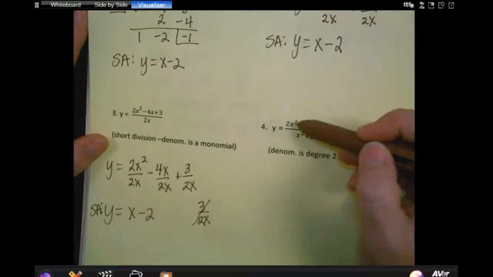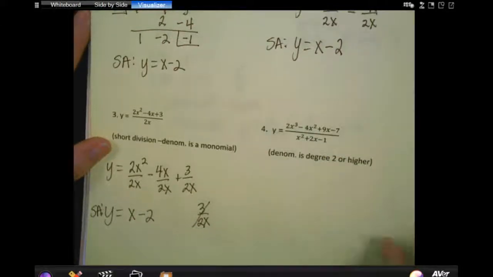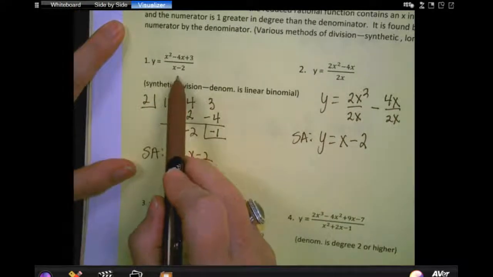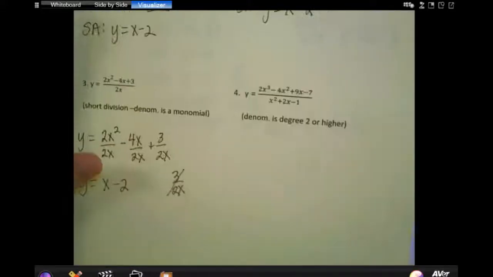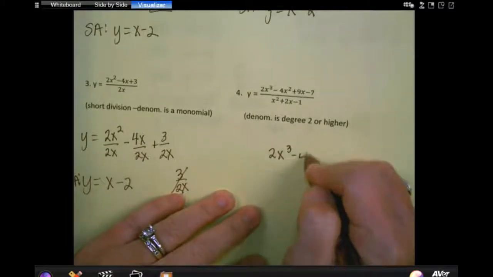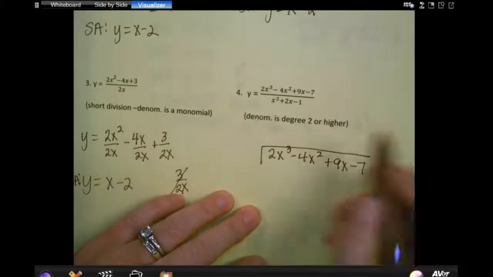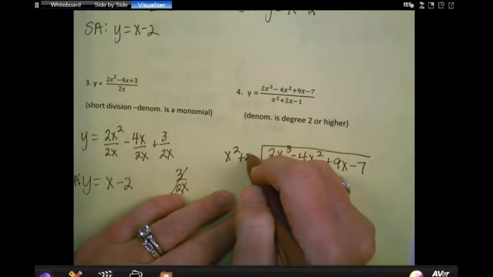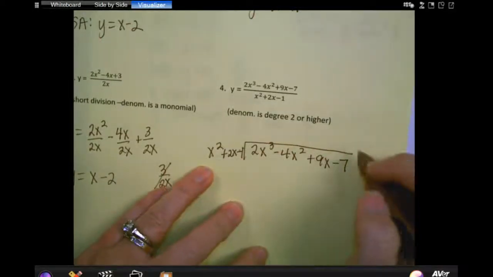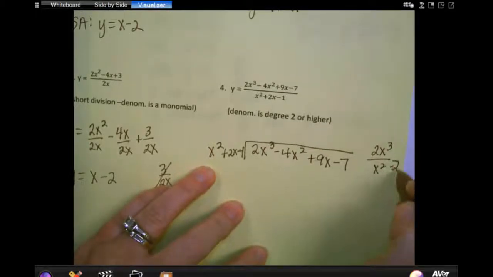So again, 3 is 1 bigger than 2. So this is slant asymptote. This is not a term. It's not a factor. So you have to use long division on this one. So I'm going to take the first term divided by the first term. Gives you 2x.